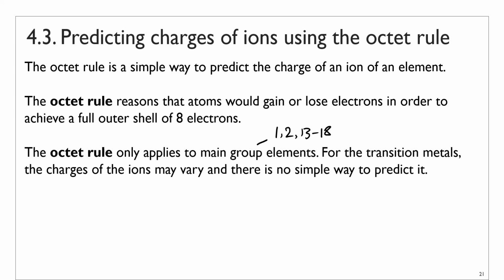And the octet rule really doesn't apply. You can have a transition metal that can form two different ions, or you have multiple transition metals that form the same type of ion. So there's actually no simple way to predict which ion a transition metal will form. I would have to tell you, and it has been known from observation and experimentation, but it is not something that you can necessarily predict.